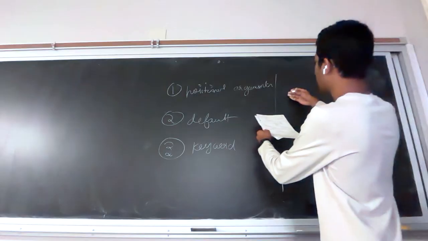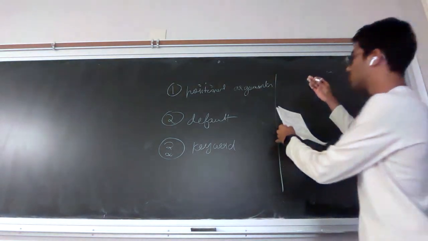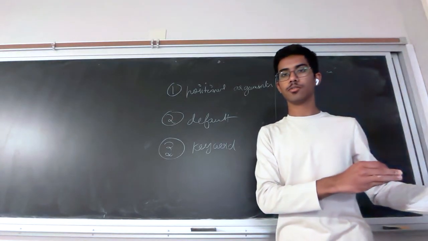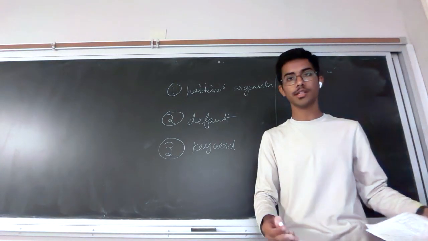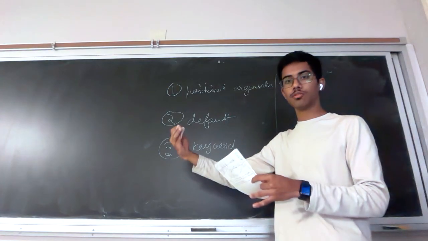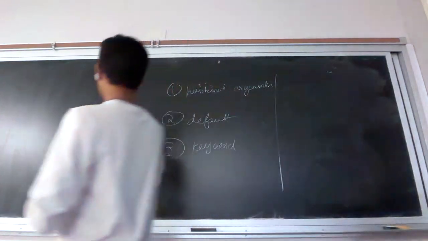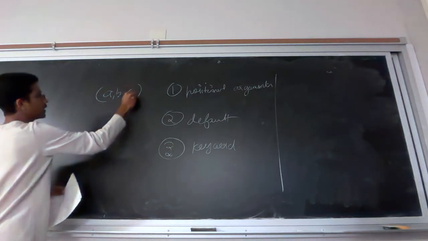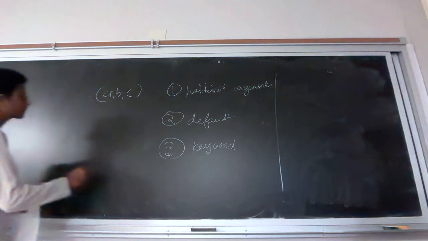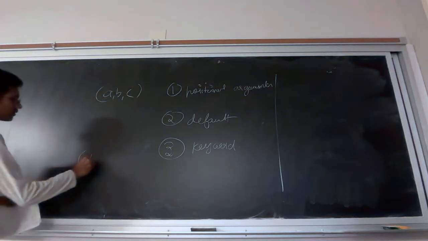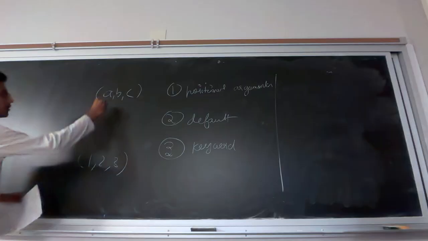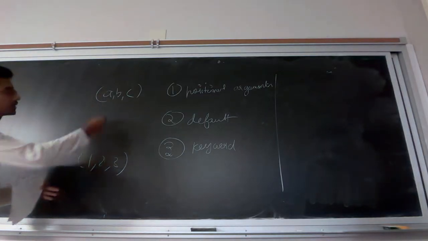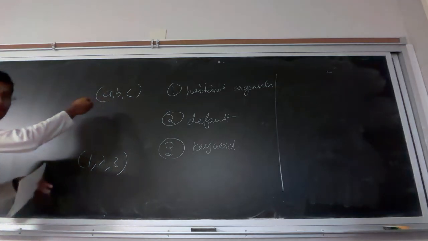So positional arguments basically ensure that the number and the order of the arguments in the function call statement match those in the function header. So if I have a function header with a, b, c as the parameters, and I have my function call statement with 1, 2, and 3, it ensures that the number of values being sent and the type of values being sent are permitted.